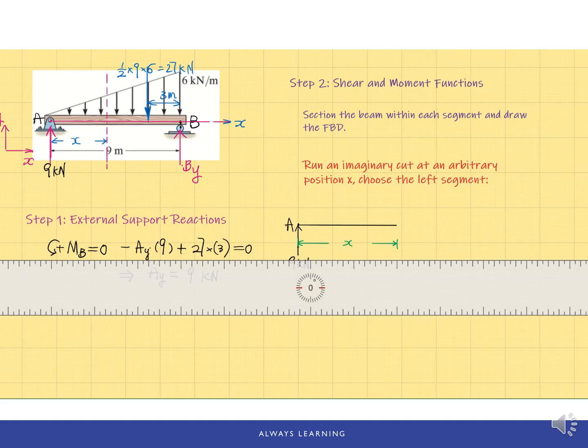First, let's figure out the distributed load on this segment on the original graph here. Because of proportional triangles, at point B, the loading intensity is 6 kN per meter, and we need to figure out the loading intensity at the cut at the right end of this section.